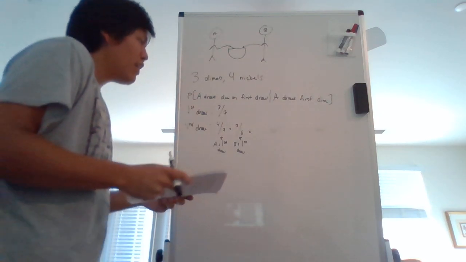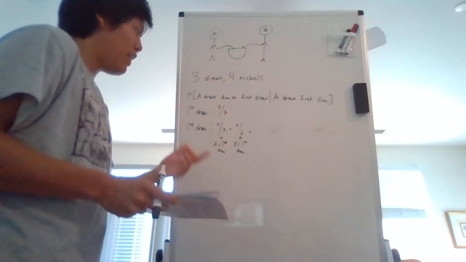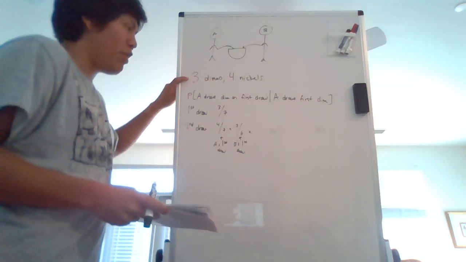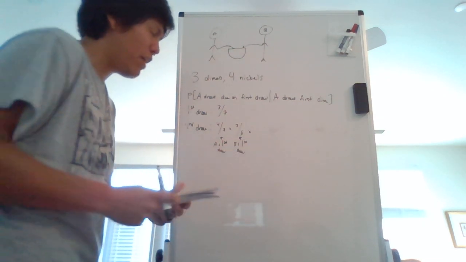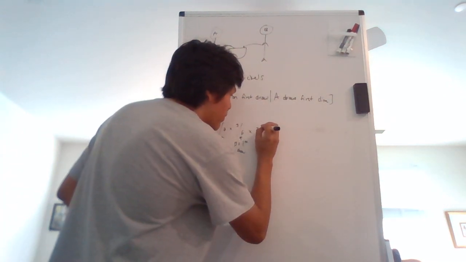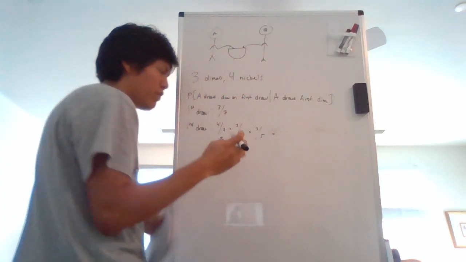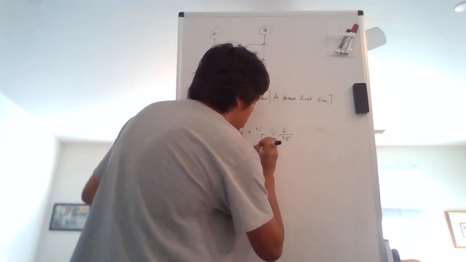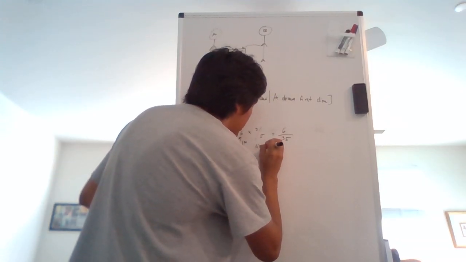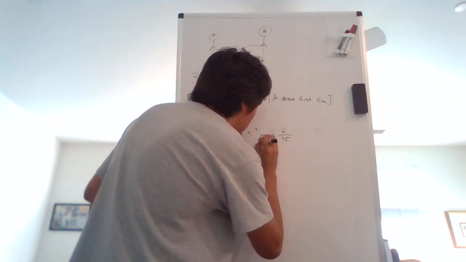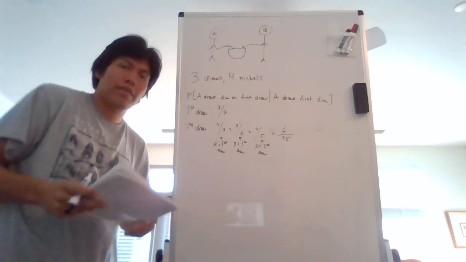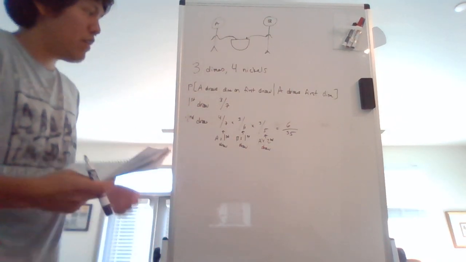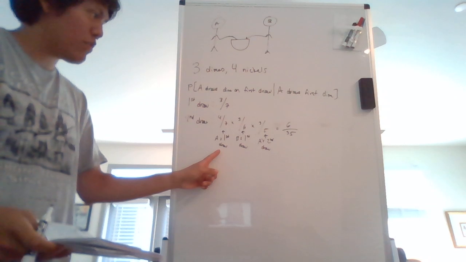Okay. Now it's A's turn again. And if they're drawing a dime on their second draw, that means there are 3 dimes left, but there are 5 total coins left. So this would be 3/5. And this is 6/35. And this is A's second draw. All right. So again, A's first draw, they grabbed the nickel.